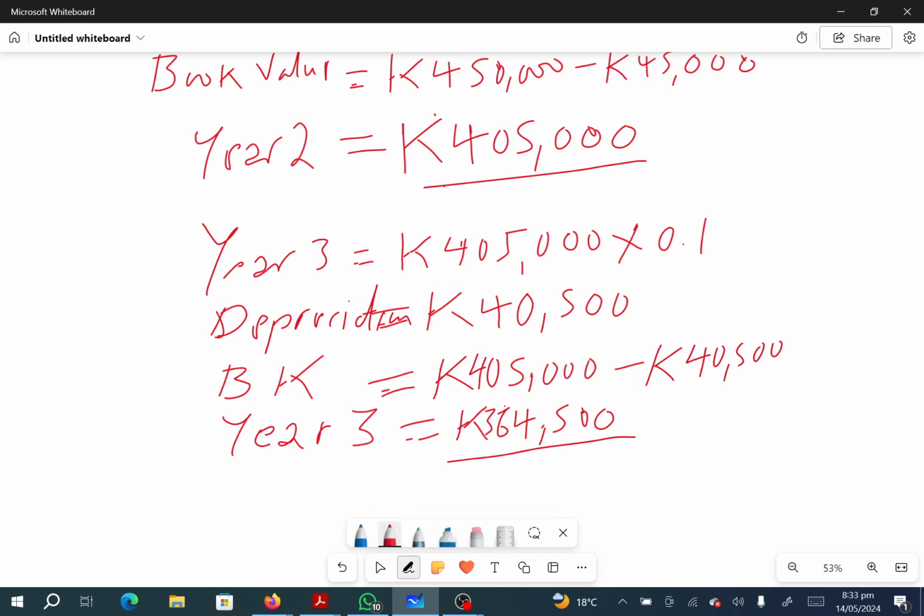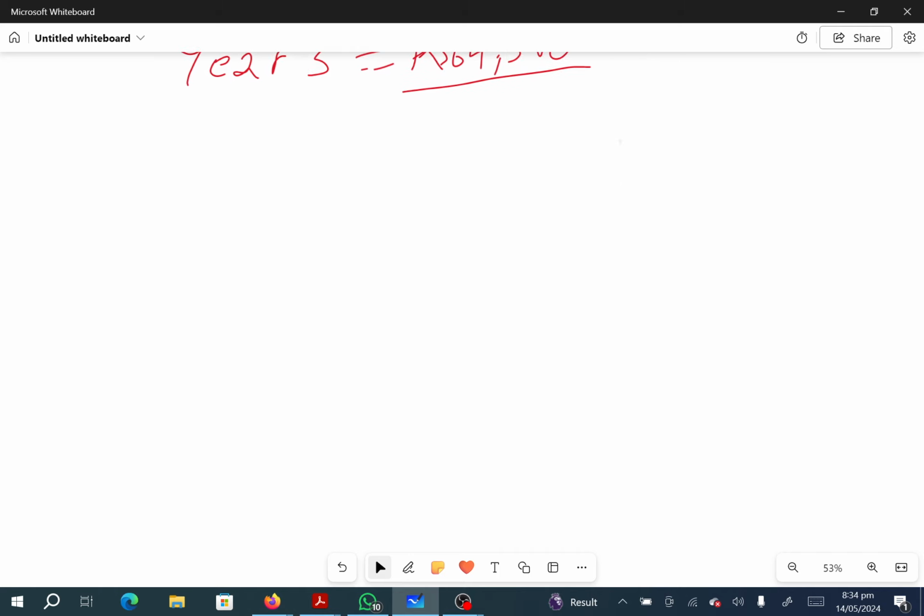This process may take us a lot of time. So for us to be able to compute questions like this, we will need a formula. We can now use this formula to calculate our depreciation.